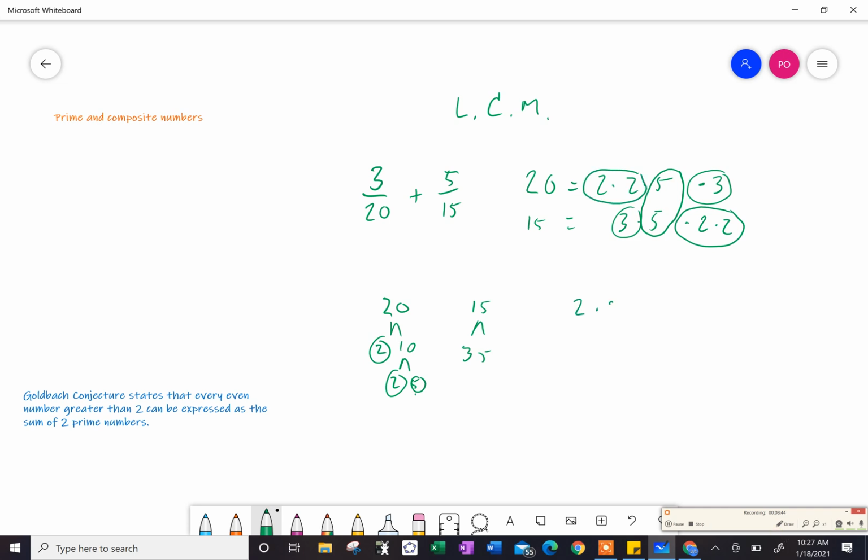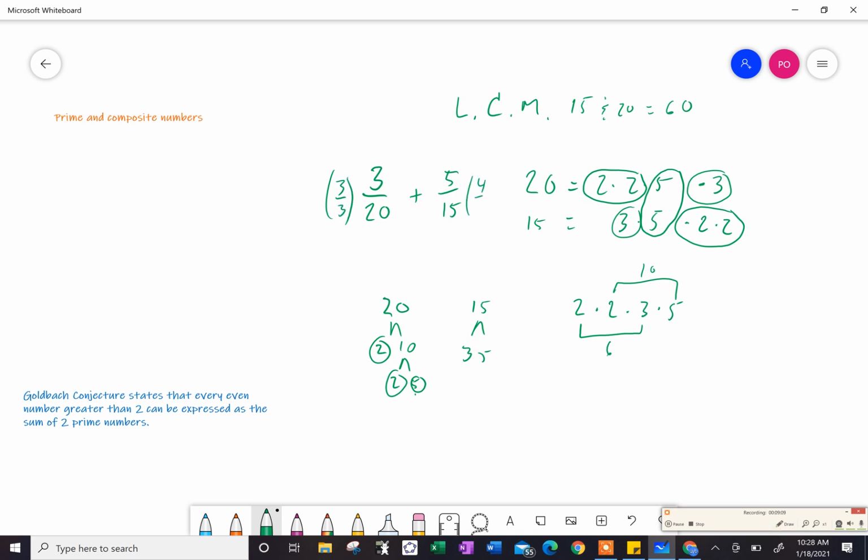What is 2 times 2 times 3 times 5? Well, I know that 2 times 5 is 10. I know that 3 times 2 is 6. So the least common multiple of 15 and 20 is 60. Alright? 6 times 10 is 60. And then once I know that, I can say, oh, I would just multiply this by 3 over 3.